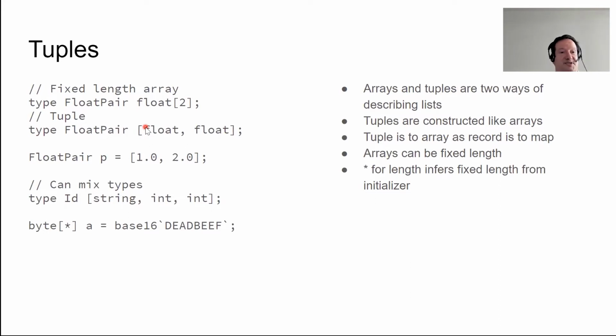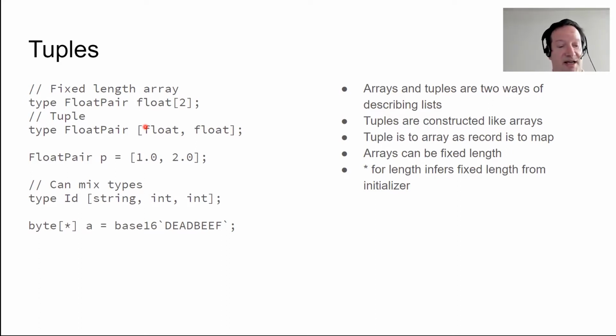So tuples. So we've seen arrays. So we've seen records and maps as two ways of describing a mapping. There are also two ways of describing lists. So what we've seen so far is an array.